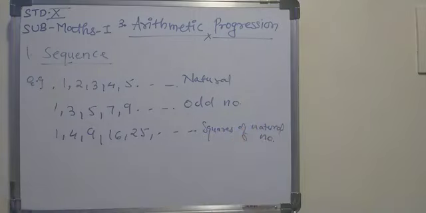So what actually is a sequence? A sequence is a collection of numbers arranged in a definite order according to some definite rule, right? So it's a collection of numbers.